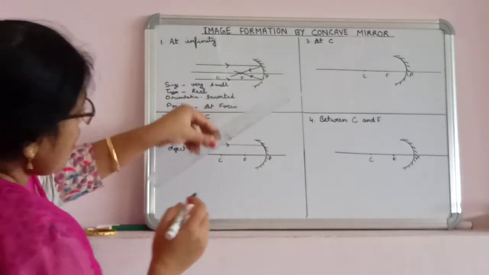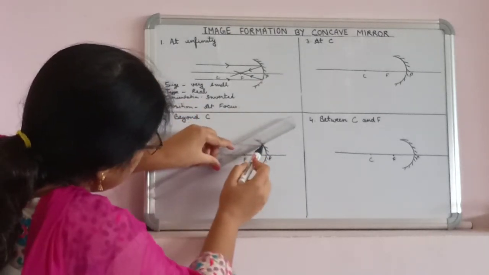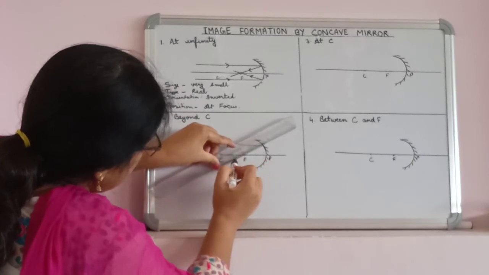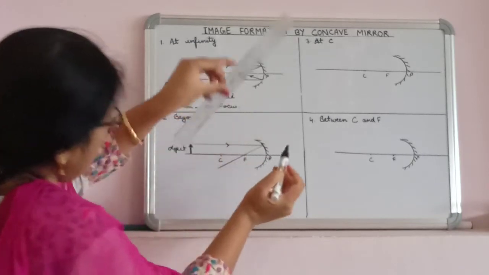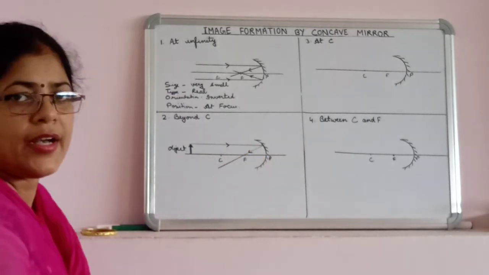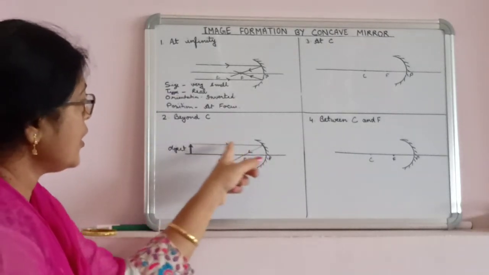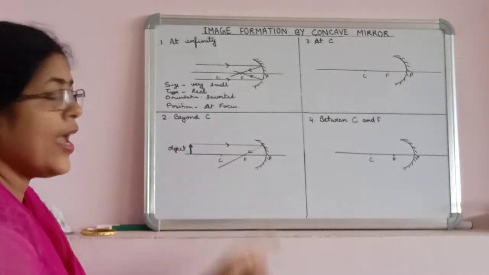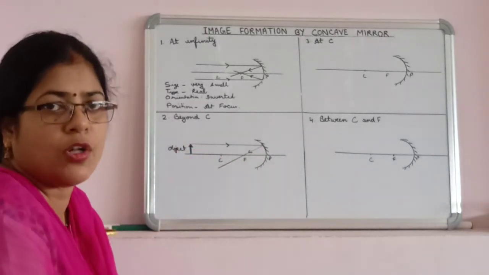Right? Then after reflection, it will pass through the focus. Correct. So this is the first special ray, and we have our first reflected ray also.